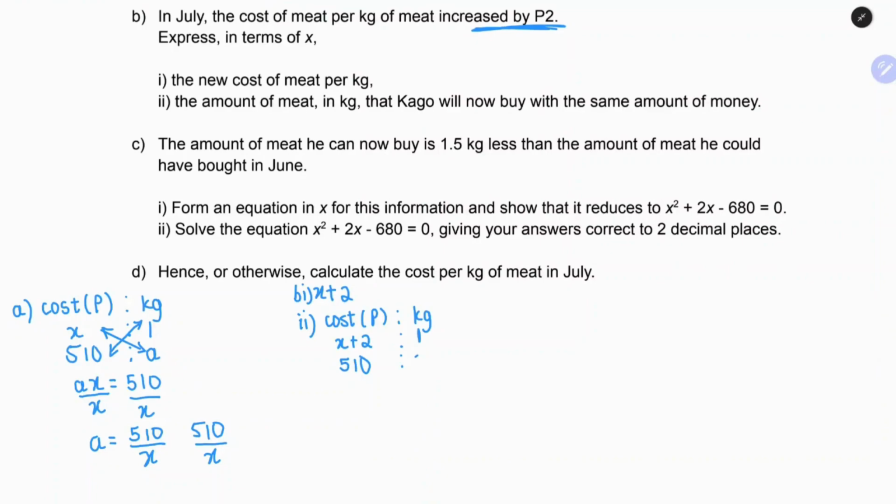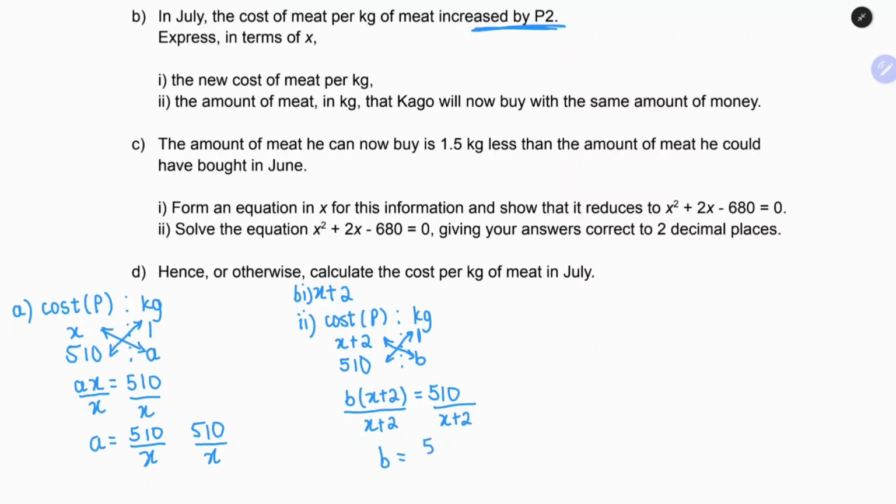I think I'll just put, let's use B actually, like we did in the previous one. So let's cross multiply again. We're going to have B times X plus 2 is equal to 510. Divide by X plus 2.